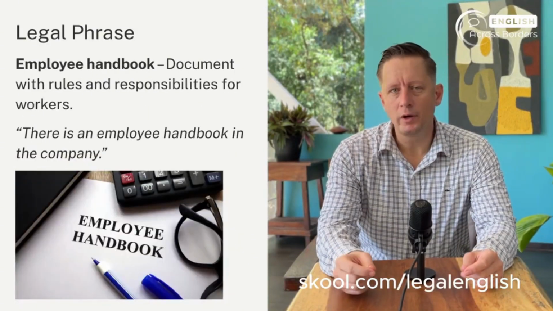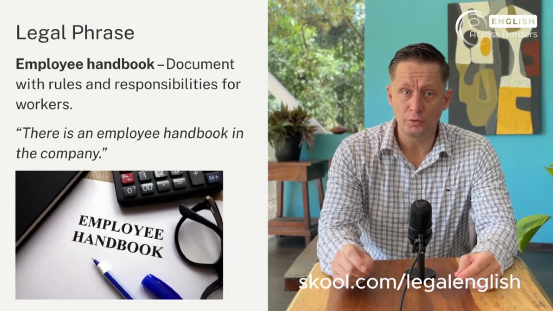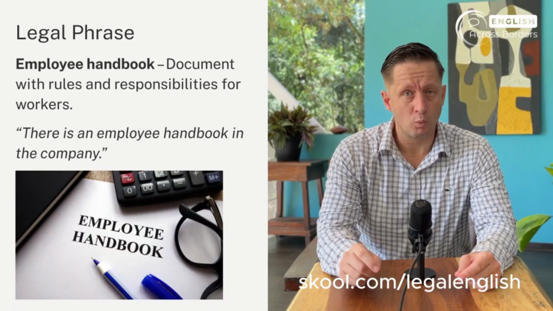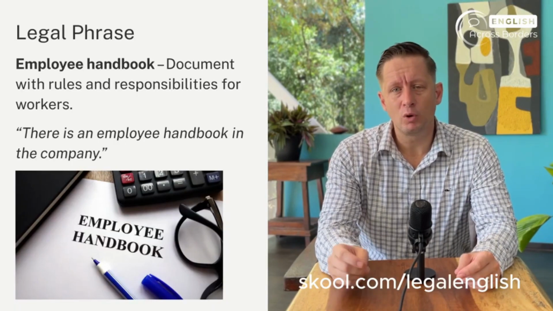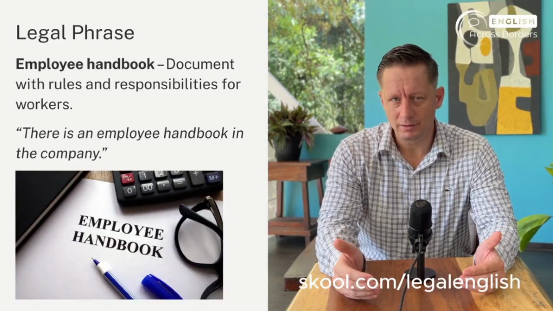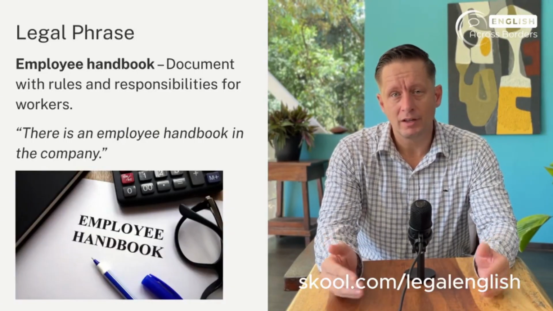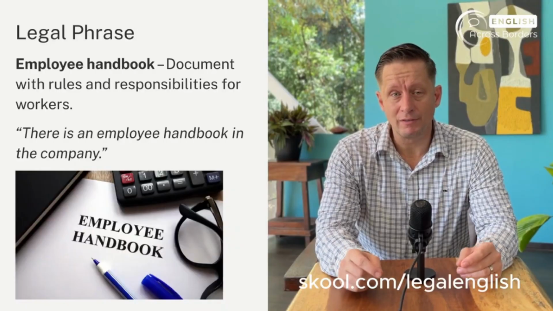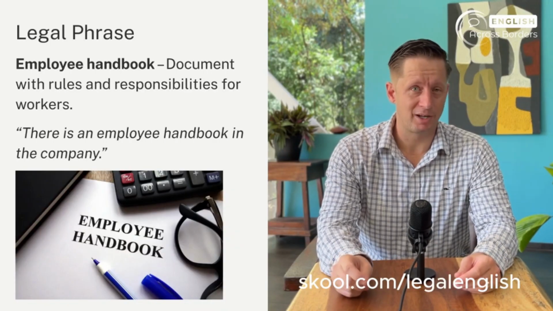An employee handbook is a written guide that explains the rules and responsibilities of workers in a company. Imagine a new worker starts at a company. On the first day, they receive a small book or PDF that says, "You must come on time.